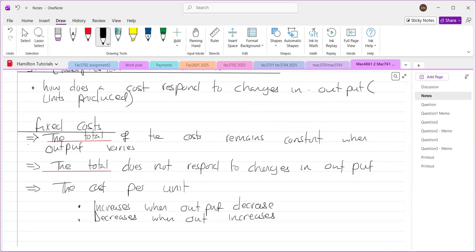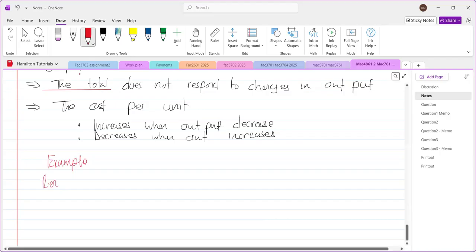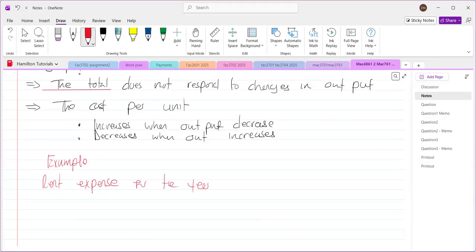For example, if you have a fixed rental expenditure, let's say we have a rent expense for the year of 120,000.